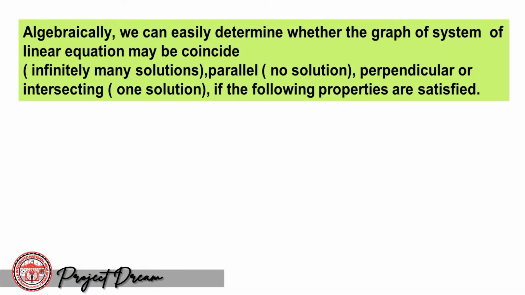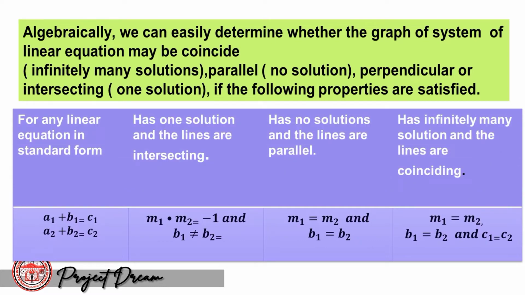Algebraically, we can easily determine whether the graphs of linear equations are coinciding with infinitely many solutions, parallel with no solution, or intersecting with one solution, if the following properties are satisfied. One solution and the lines are intersecting if m sub 1 is not equal to m sub 2.